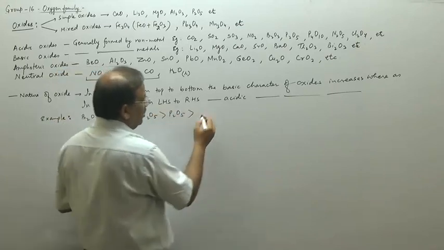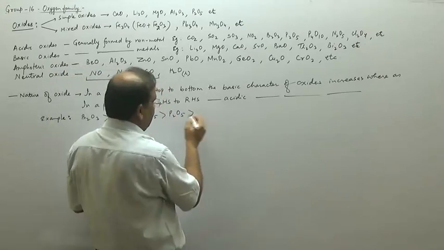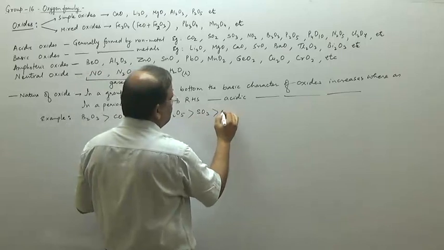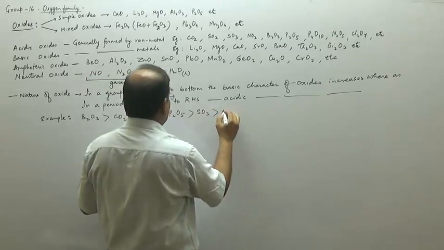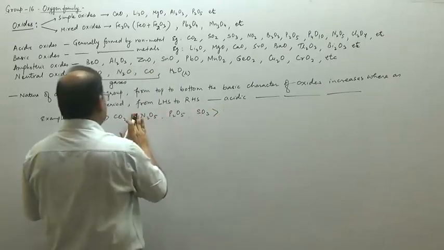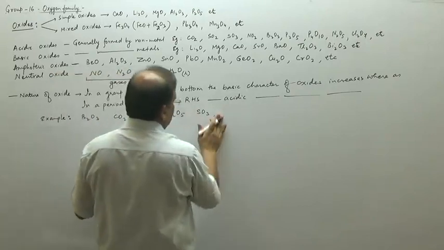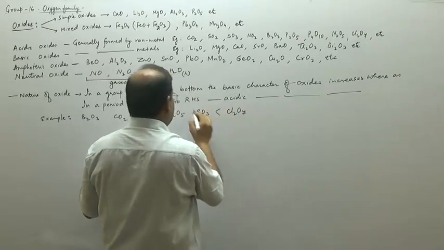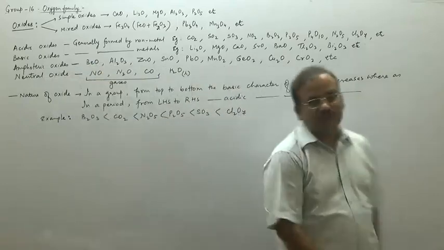Then this is more acidic than SO3, and the most acidic is Cl2O7. This is the acidic strength order according to what we have written.